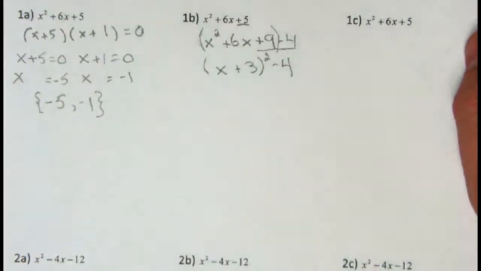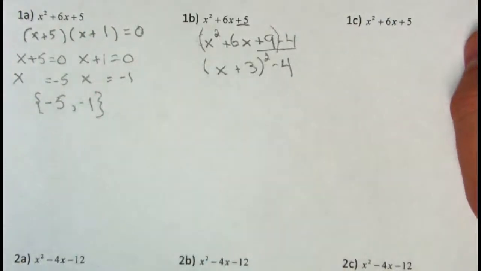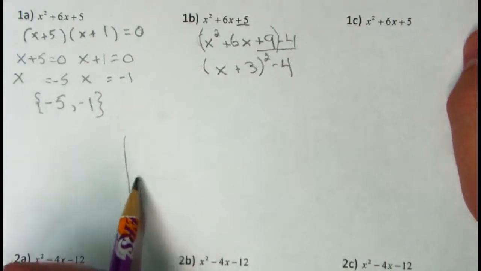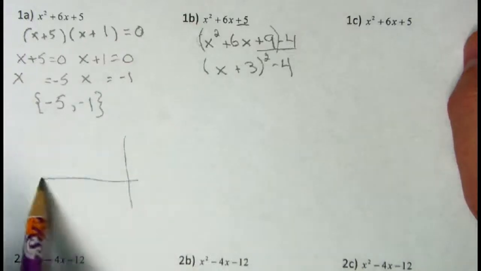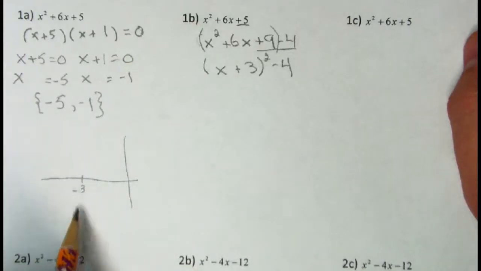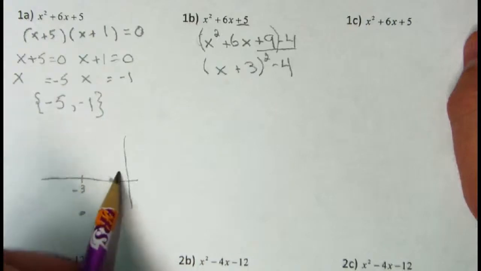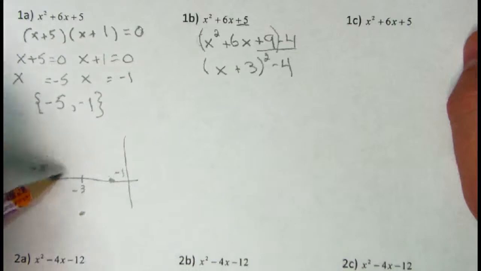Okay. So so far between the factoring and the completing the square, I now know the roots and I know the vertex. So if I had to graph this, it would be at -3, comma -4. And we have -1, -5.